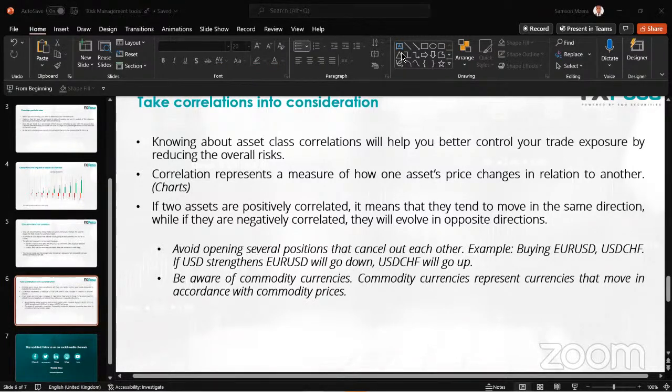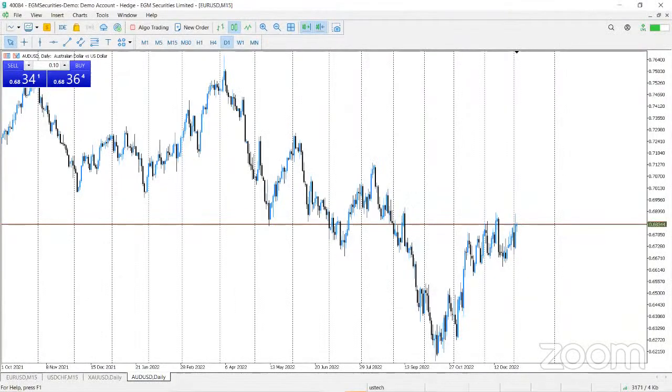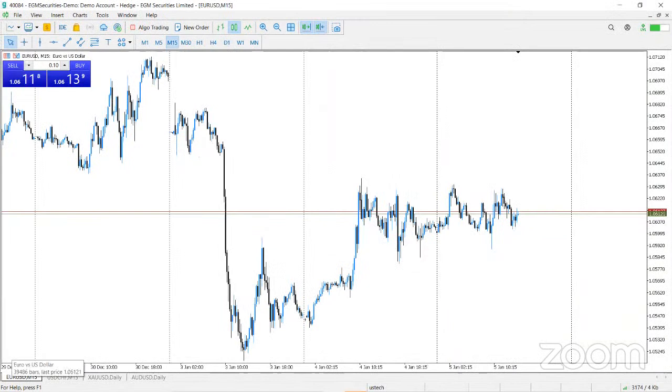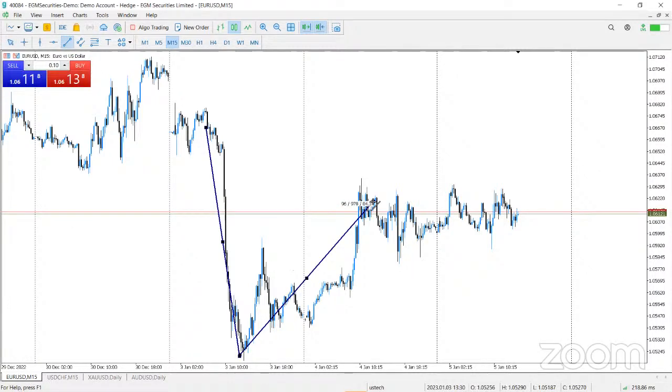Let me switch on to the charts very quickly. Okay, so this is the EUR/USD chart over here. We can see that the market had this huge drop till this point, and then what happened is we began to move upwards like that.